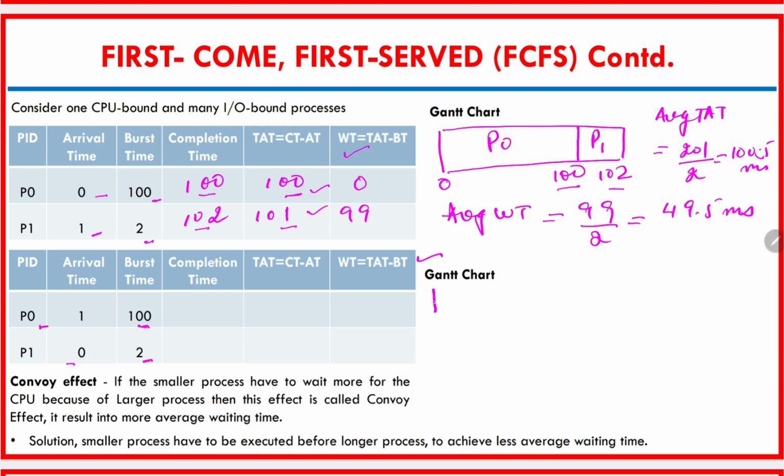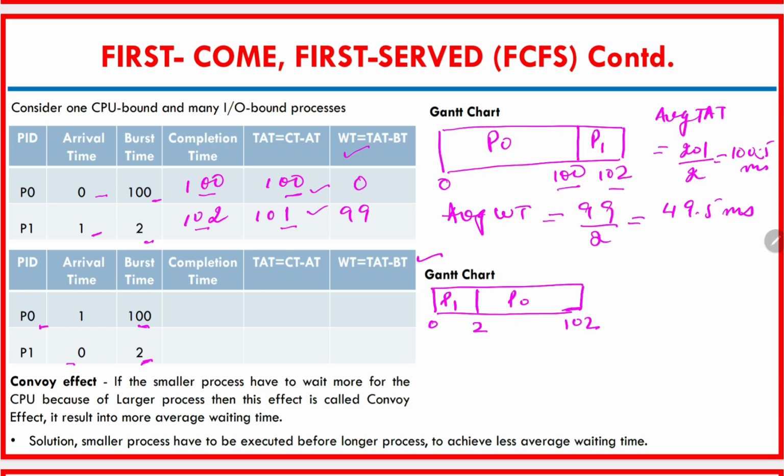Again, let's prepare the Gantt chart. P1 comes first at time 0, executes for 2 milliseconds. Thereafter P0 gets the control of CPU, it executes for 100 milliseconds, it begins at 2, ends at 102, and this is the Gantt chart for this system.